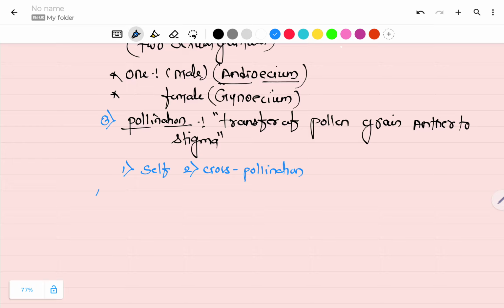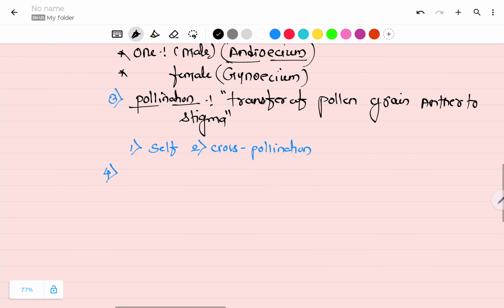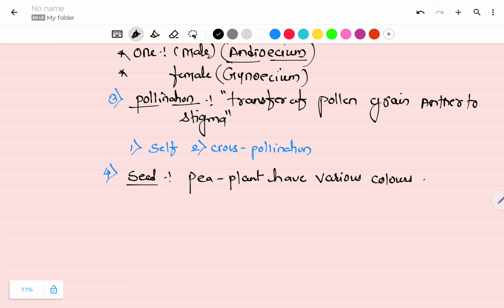Now the fourth characteristic. The pea plant has various colors and shapes of seeds.